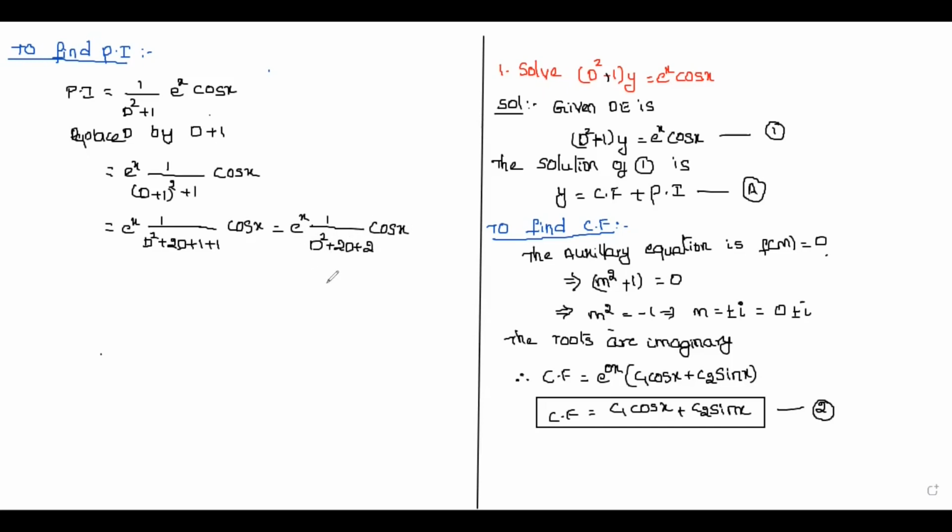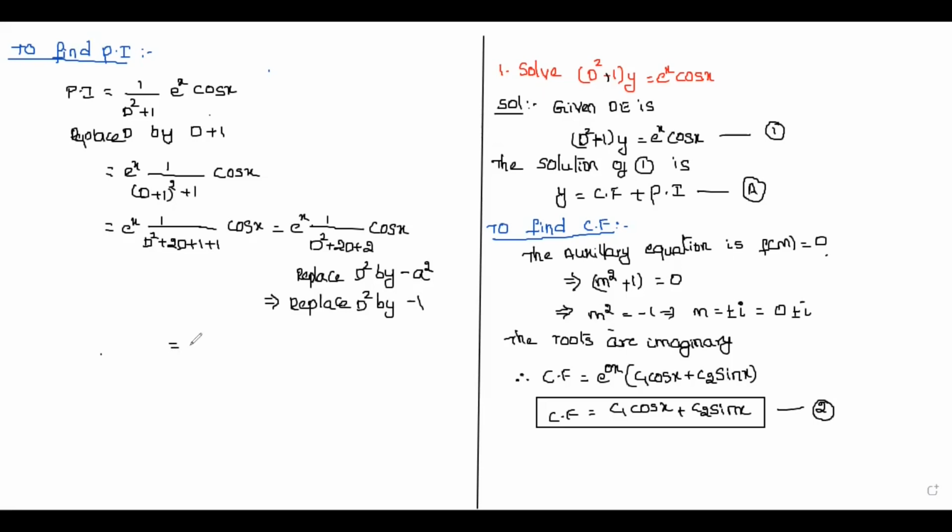As we have already seen the procedure to find the particular integral for the trigonometric function cos x, in this procedure you have to replace D square by minus a square. You should not touch your D. So you have to replace D square by minus 1 for this problem, since the coefficient of x in the trigonometric function cos is 1.